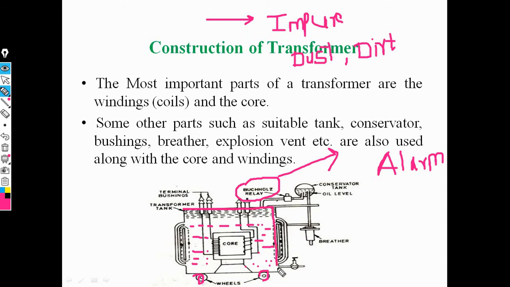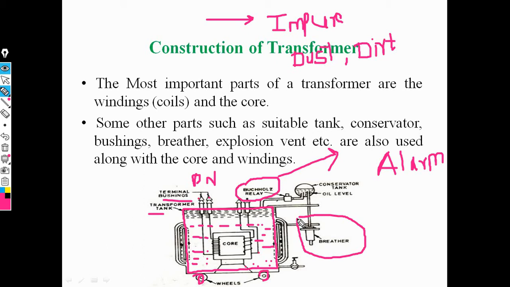Then the terminal bushing: this is a single phase transformer, so it consists of two terminals, the first is the phase terminal and the second is the neutral terminal. Bushings are provided for protection of the phase and neutral terminals. And there is a breather here.